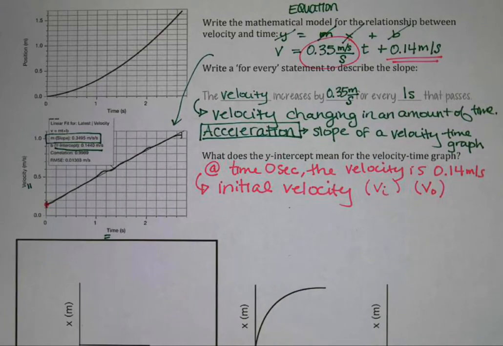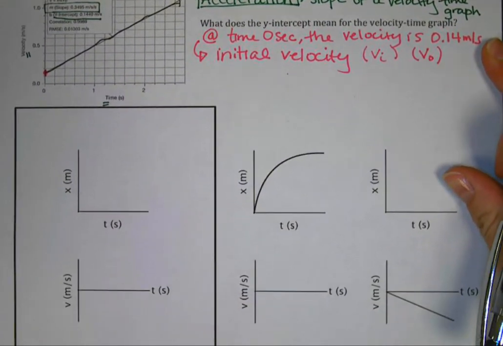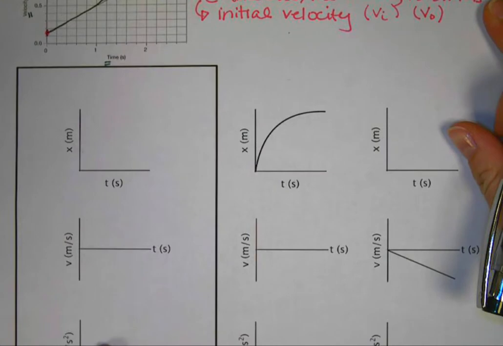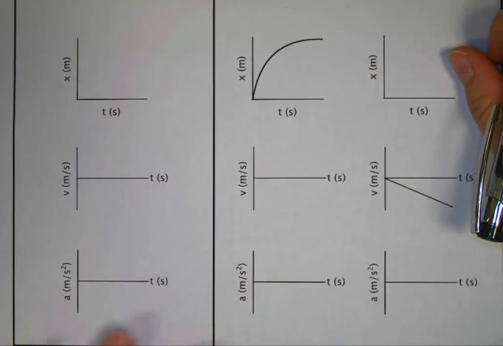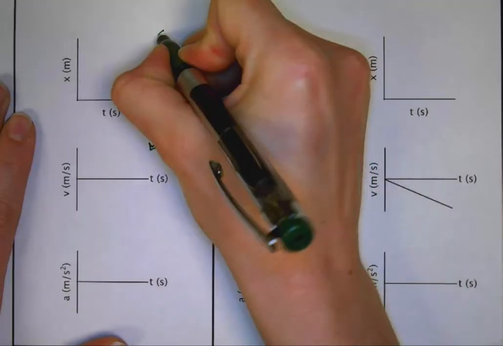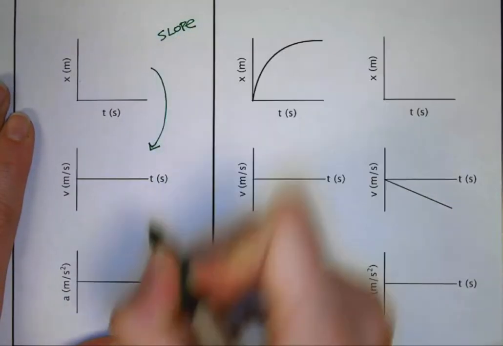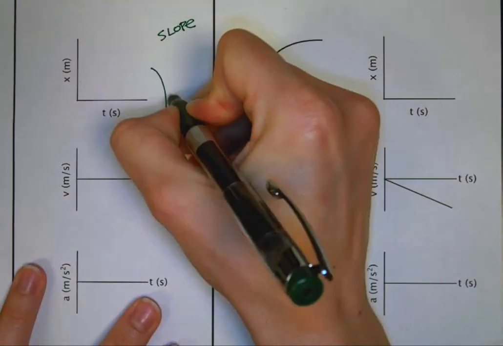So taking what we now know about the slope of a velocity time graph, we can come down and say, well, how do we use this when we're qualitatively looking at these position time, velocity time, and acceleration time graphs? So if we remember from before, the slope of a position time graph will give you velocity.